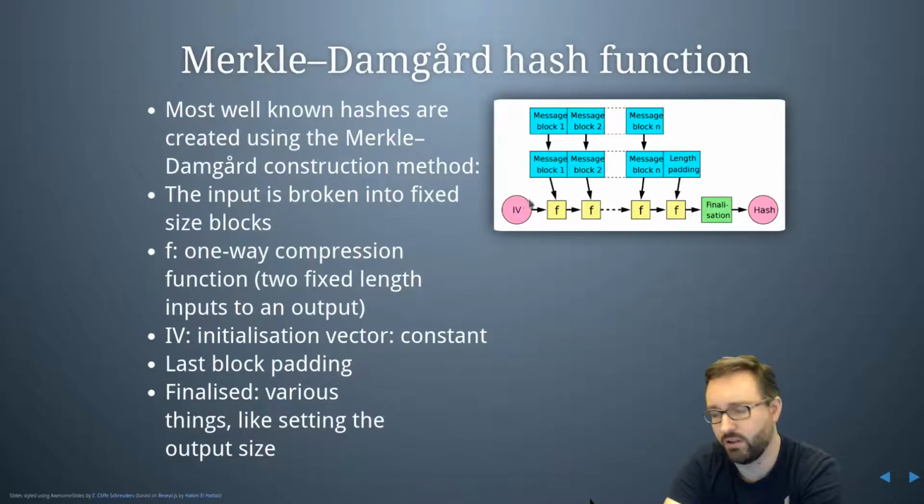A constant initialization vector goes into the function the first time, along with the first part of the password or whatever we're trying to hash. Then we feed the output from that into the function again, along with the next block, and so on, until we finalize it or pad it out to the length that each input needs to be, and that gives us our hash.